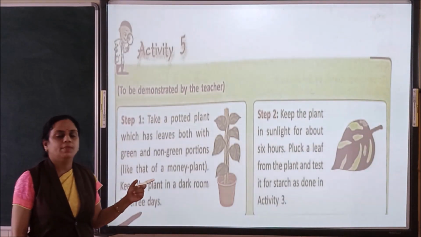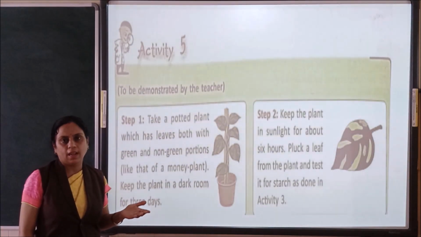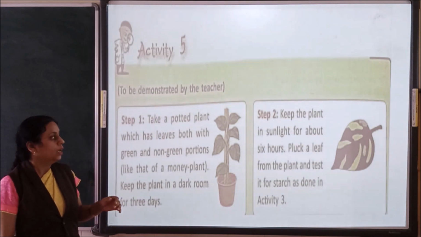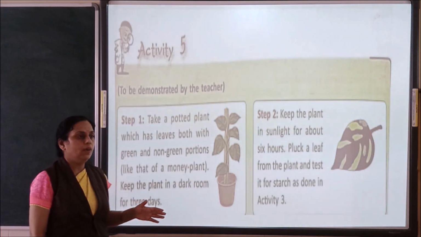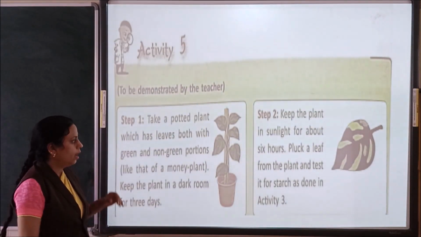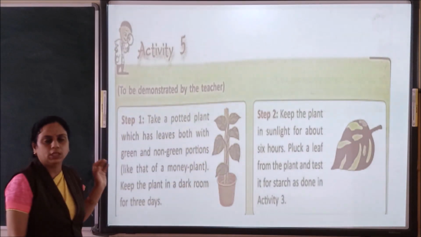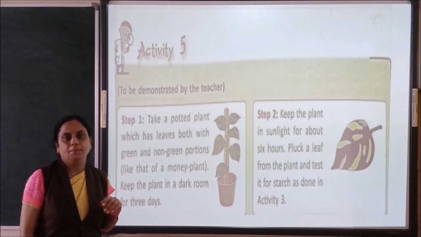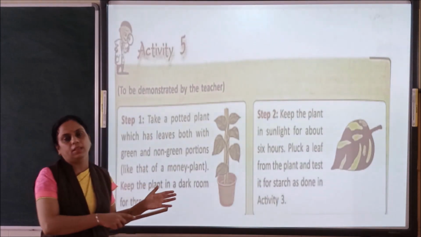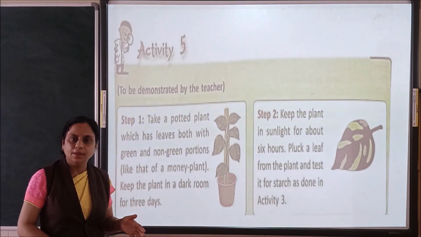Here also the same procedure applies as earlier in the case of starch and sunlight. You have to take a potted plant with big leaves which has both green and non-green portions, like a money plant. Again you keep that pot in the dark room for 3 days.